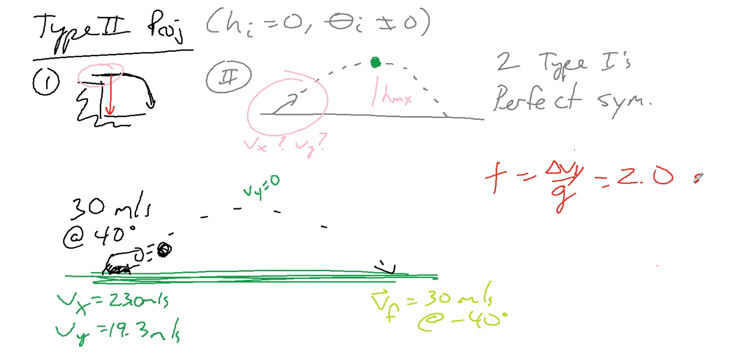I've got to be careful, because that is 2 seconds on the way up to the top, which means it would also be 2 seconds on the way down. So that's my time up, not my total time. My total time, which I often call my time of flight, would then be 4 seconds.